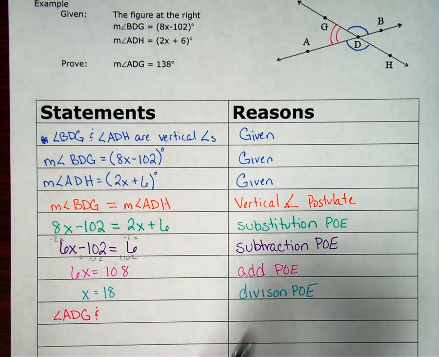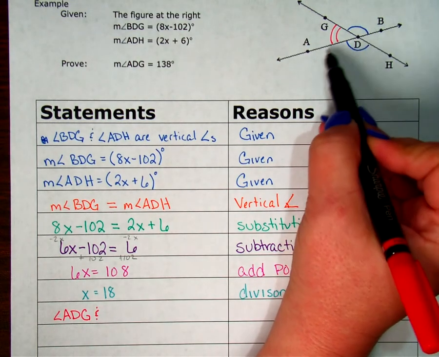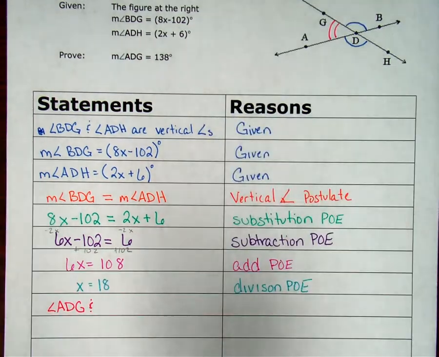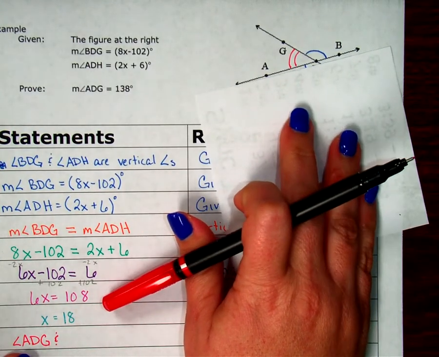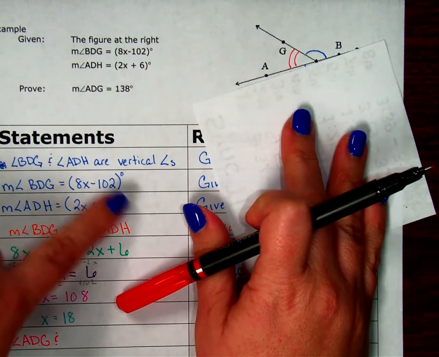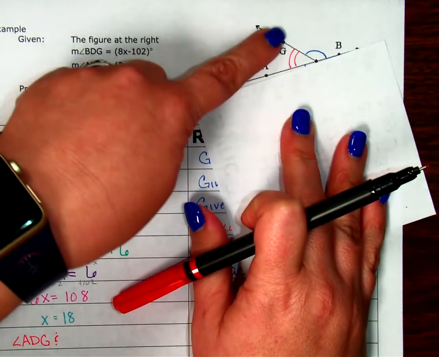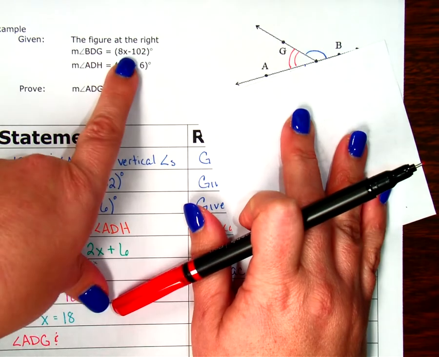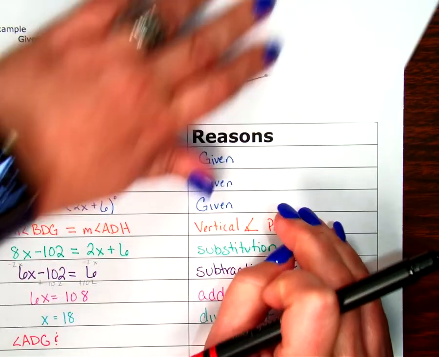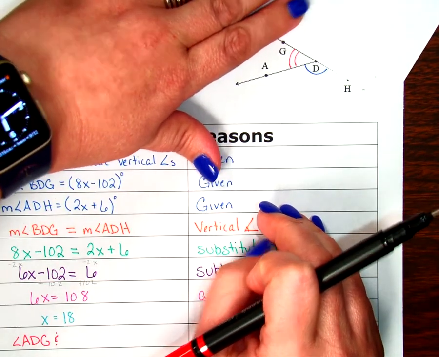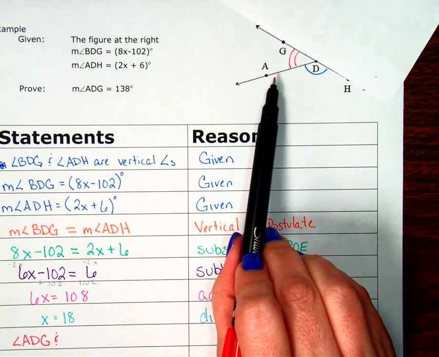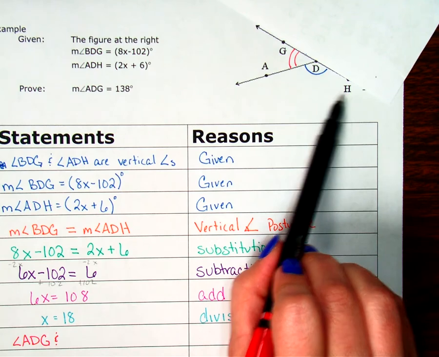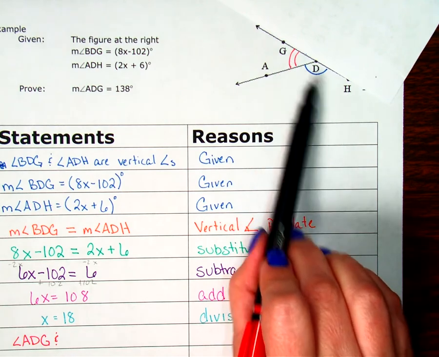And then I need to pick one of the other two angles that it's linear with, right? It makes a line, okay? So I could pick either the blue angle on top, BDG, which is 8x minus 102, or I could use this linear pair, and I could pick angle ADH, because these two angles are a linear pair.